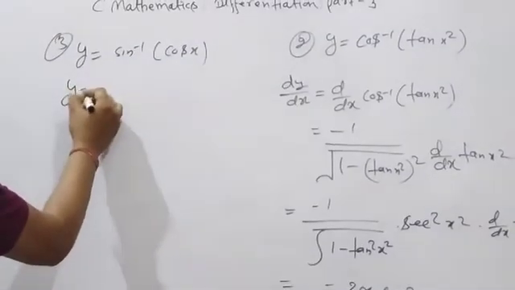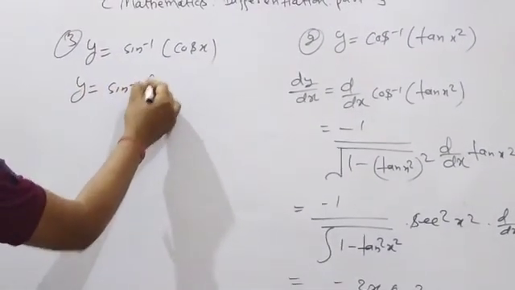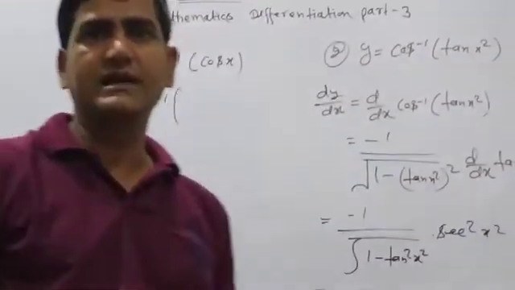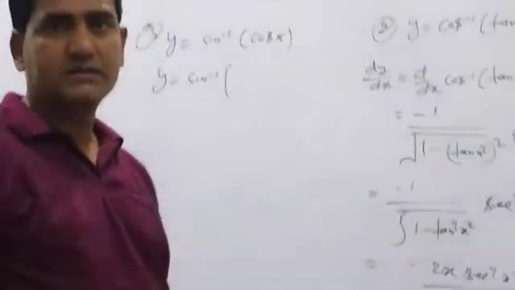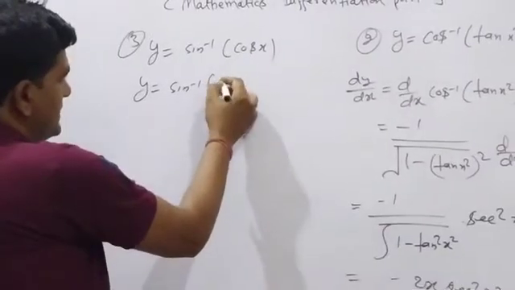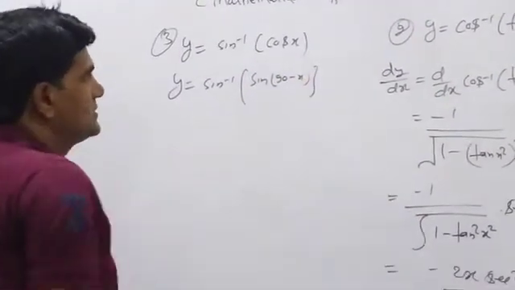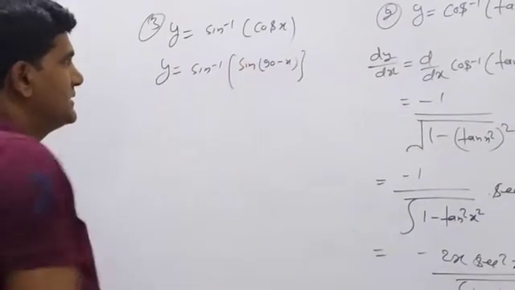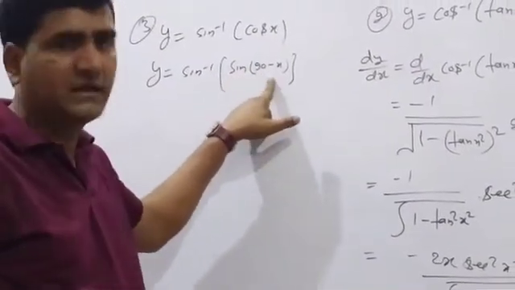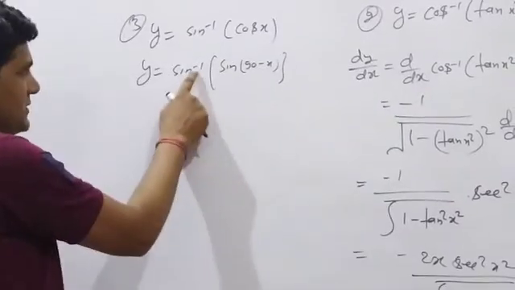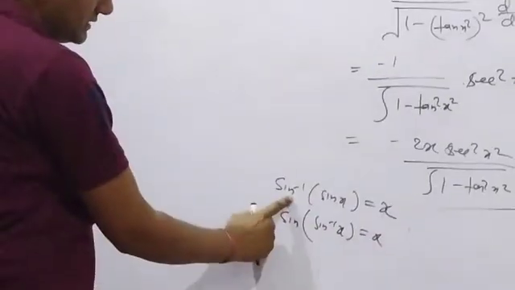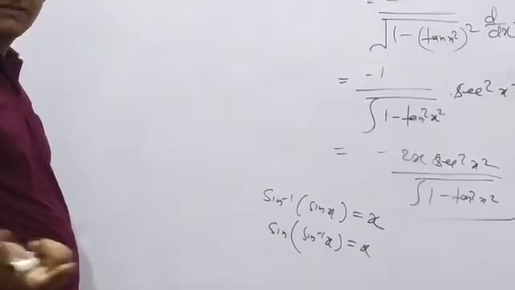Then here y is equal to sin inverse. Now how can we change this cos x into sin x? What is the relation between cos x and sin x? Sin of 90 minus theta is equal to cos theta. That's why in place of cos x we can write sin of 90 minus x. Then sin inverse sin theta, sin inverse sin x is equal to what? x will come.